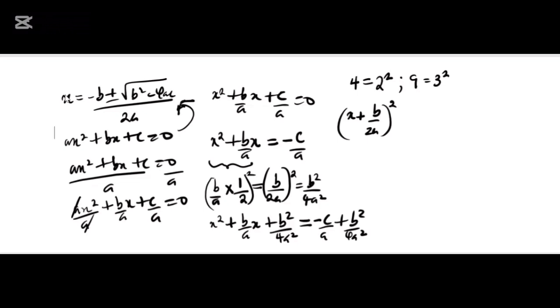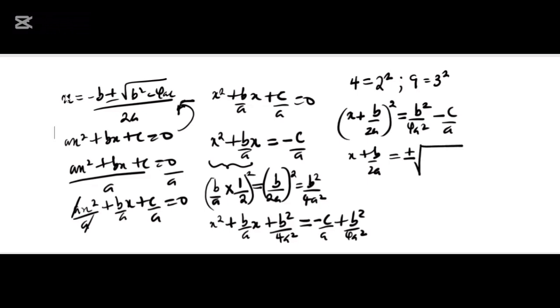Now please, after this class or after watching this video, you can check the expansion of this to see that it will give you what we have on the left hand side, and this will be equal to, let's rearrange the right hand side, b squared over 4a squared minus c over a. If you make x plus b over 2a the subject of formula, it will give you on the right hand side plus or minus the square root of what you have over here.